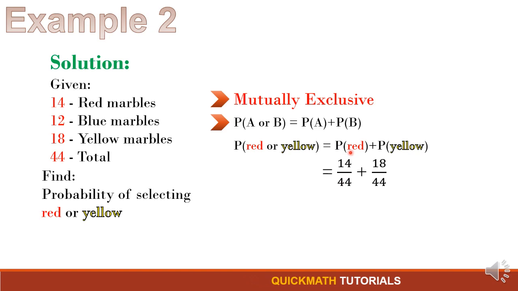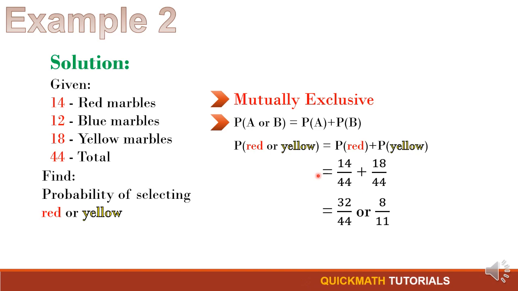Next, the probability of red, we have 14 here over 44. 14 because there are 14 red marbles, and 44 because 44 is the total number of marbles. Plus, the probability of yellow, we have 18 over 44. 18 because we have 18 yellow marbles.